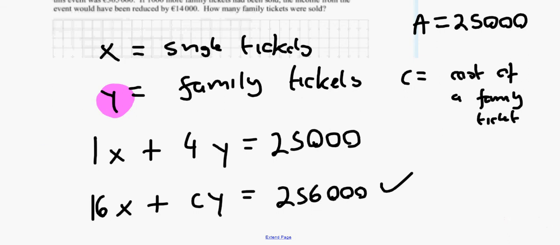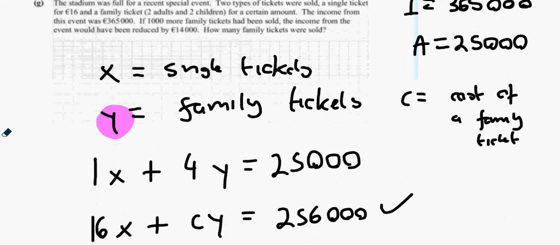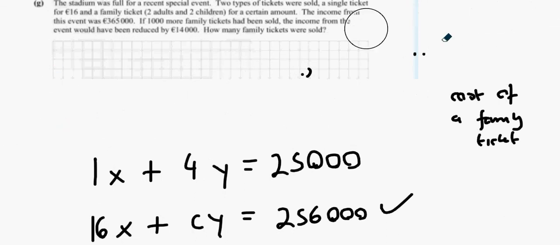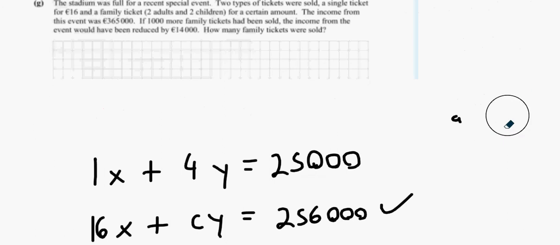The next thing we're on is the next part. If 1,000 more family tickets were sold, so what does that mean about the family tickets? It's no longer Y. It's Y plus 1,000.